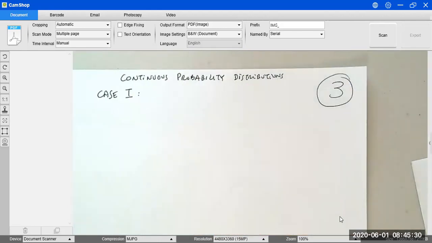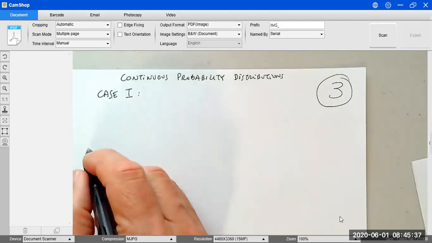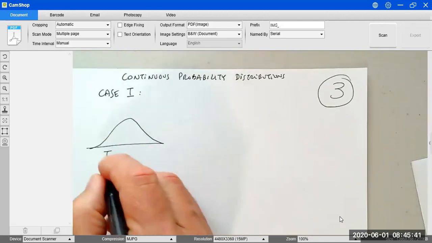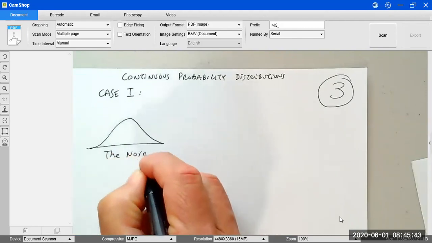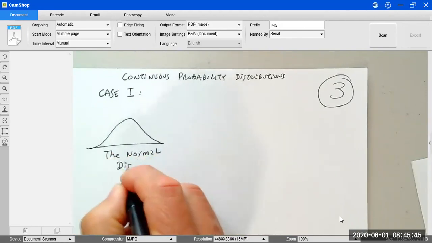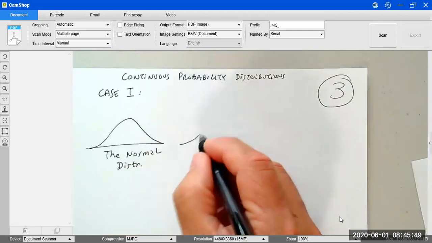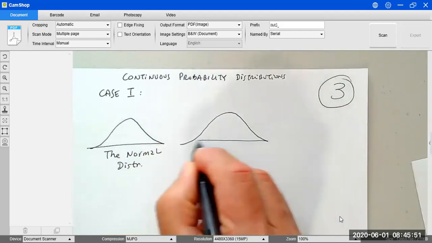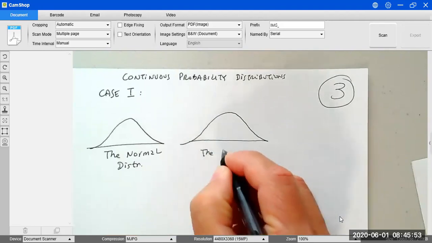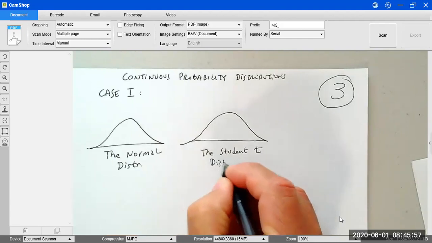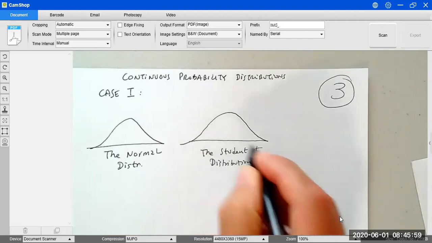So we are talking, there are 3 different cases. So we have, for example, the normal distribution. We're going to learn about that in a minute. The normal distribution, we're going to have something similar to this one, but a little bit farther. It's going to be the student t distribution, which is also symmetric.